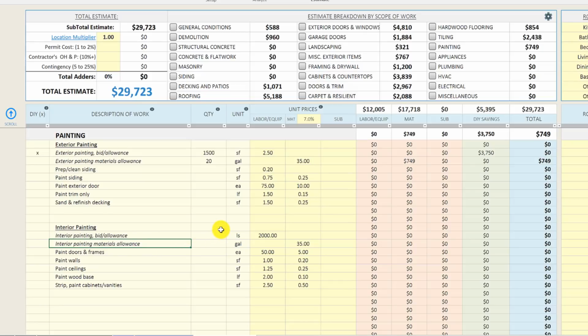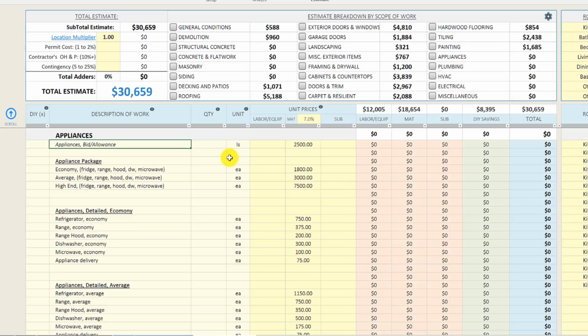Again, there's a rule of thumb, about $2 a square foot for a 1,500 square foot property. I did that work myself, so we don't need to plug that in. But again, we've got about 25 gallons of paint. 25 gallons times 35 is $900. So we've got $900 in interior paint, about $700 in exterior paint. So we've still got about $1,600 in our budget for that, but we're saving around $6,000 by doing that work ourselves.